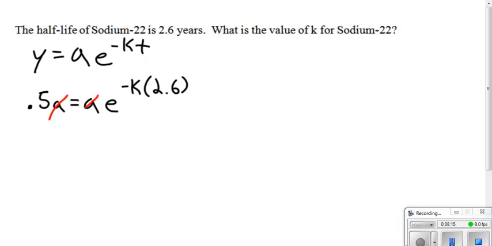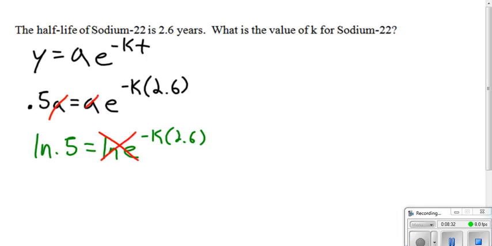So again, use our property of logarithms and we'll take the natural log of both sides. ln 0.5 equals ln e to the negative k times 2.6. Well, anytime that we have ln of e, we can get rid of it. So we just have ln 0.5 equals negative k times 2.6. So all we have to do is divide both sides by negative 2.6.